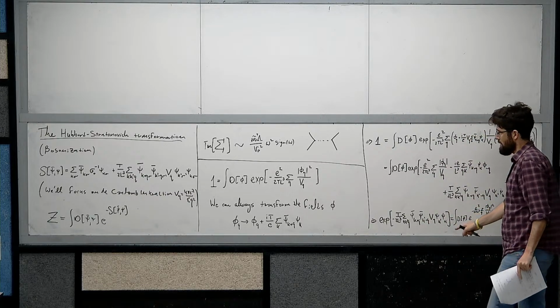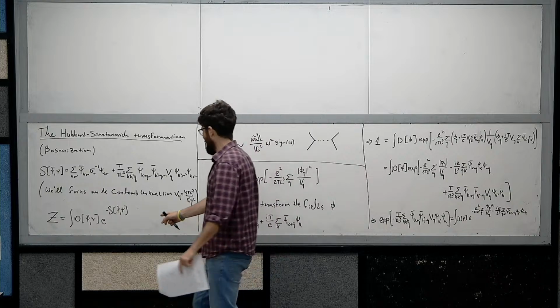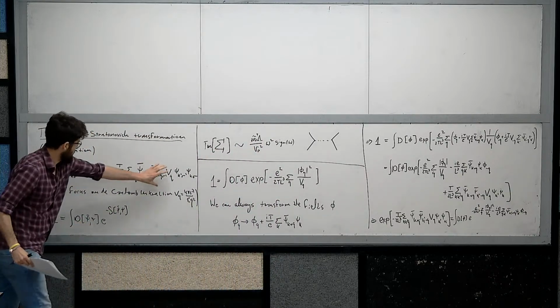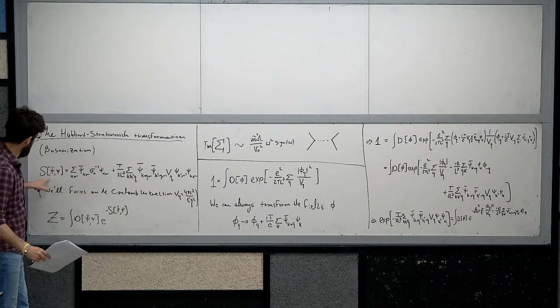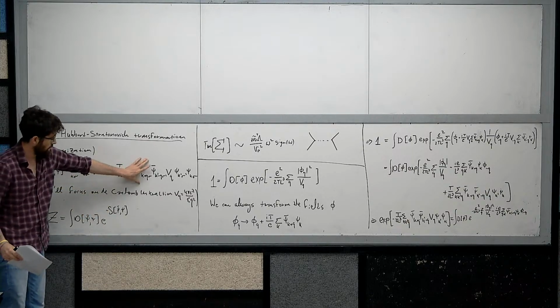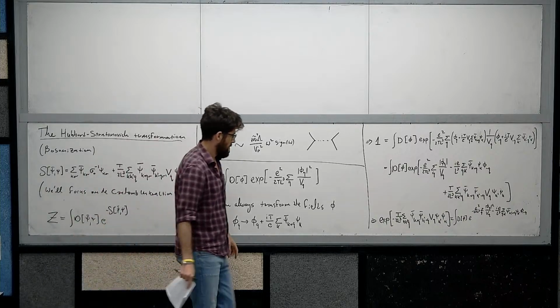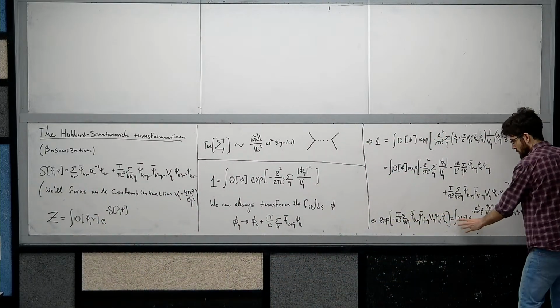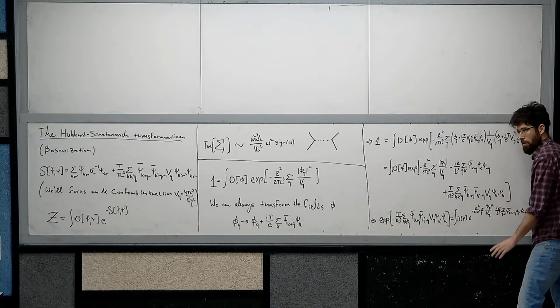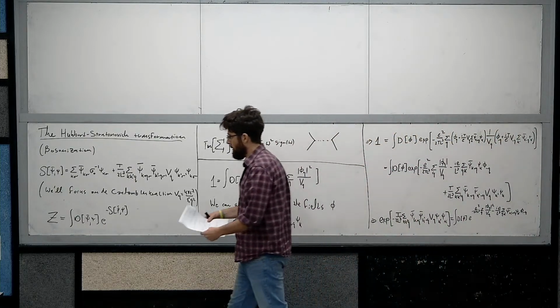Because this means that if I plug this expression into this exponent, then the e to the minus this will just give me, I can substitute it with this field integral.